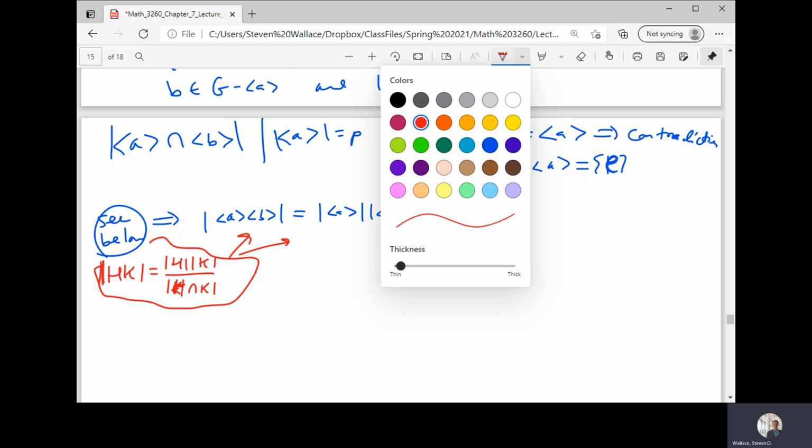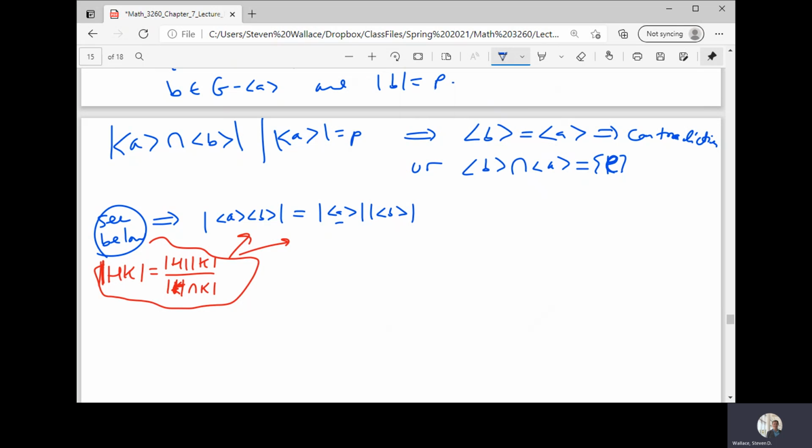And so this one here and this one here both have order P, so that's P squared, which is impossible, since that's greater than 2P. No good. So this must mean that the order of B is equal to 2.